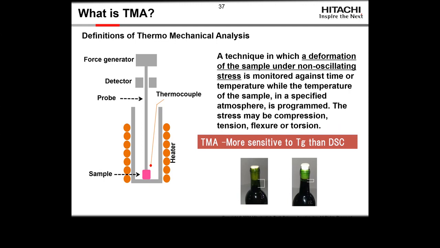One interesting effect of this approach is that the TMA is more sensitive to the glass transition than the DSC, so a lot of people will use it for that. But the real important thing is it's good for measuring thermal expansion. And an example of thermal expansion is, here's a bottle of wine that was made and bottled at about 20 degrees C. And here's the same bottle after sitting out in somebody's backyard at 40 degrees C in the Texas summer.